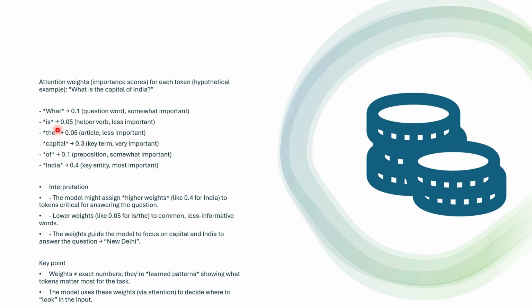Is is just a verb and is less important, and hence the attention weight could be 0.05. The is again less important because this is just an article. Capital is a key term.